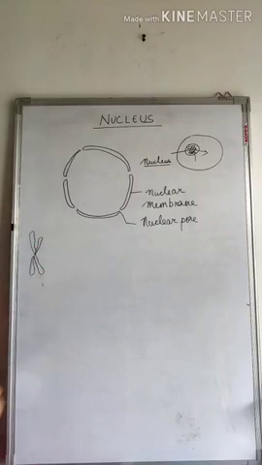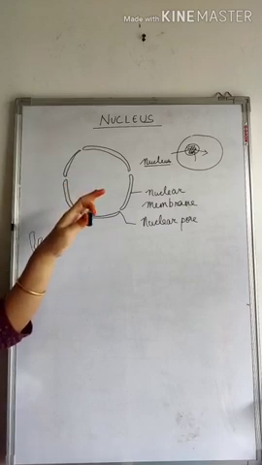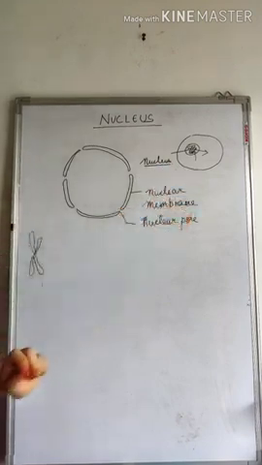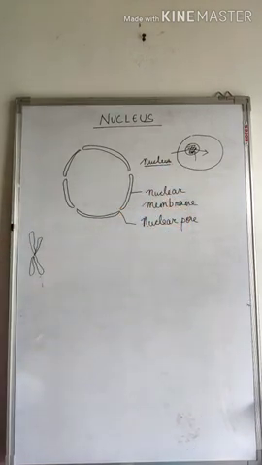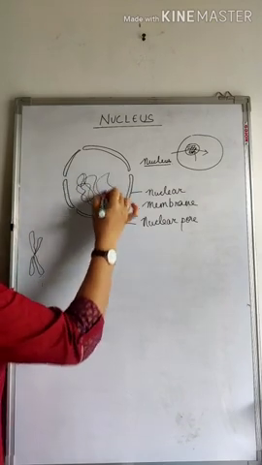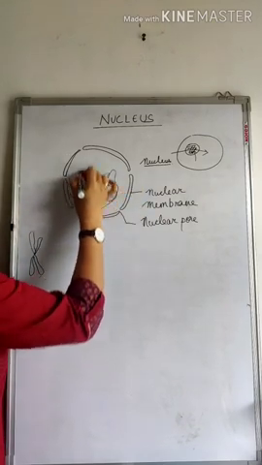But this will be only visible when the cell is about to divide, when the cell is ready to reproduce or when the cell is ready to divide. Generally, when the cell is not dividing, chromosome will be present in the form of chromatin fibers or chromatin materials, which is an entangled mass of thread like structure.